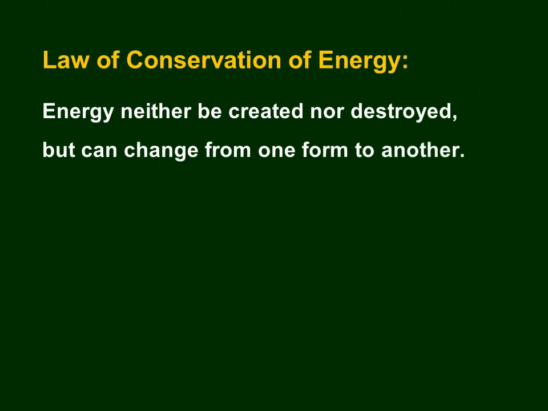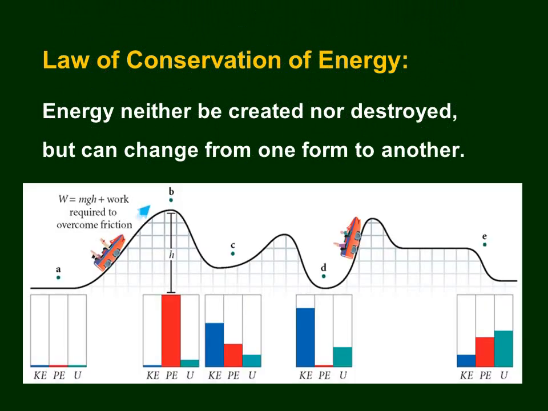Let's explain or apply the law of conservation of energy on the roller coaster. As you can see, the car of the roller coaster here exerts work to overcome the friction force and to gain potential energy to reach point B. At point B, the cart has maximum potential energy but less kinetic energy, and it gains some internal energy.